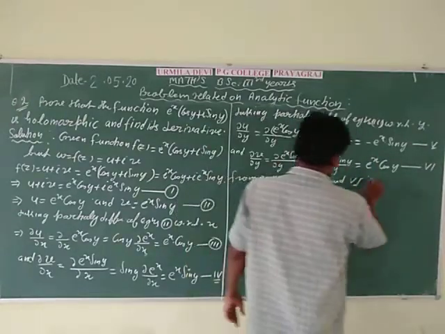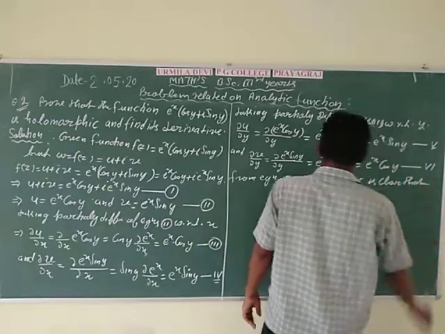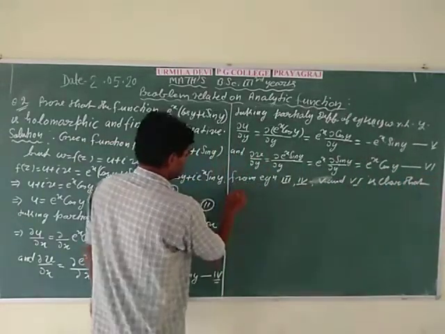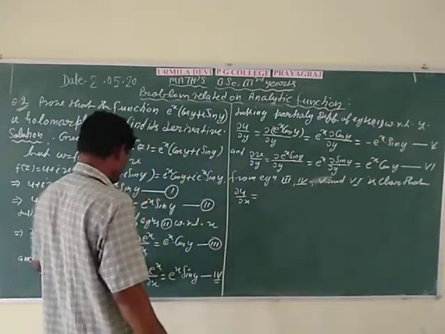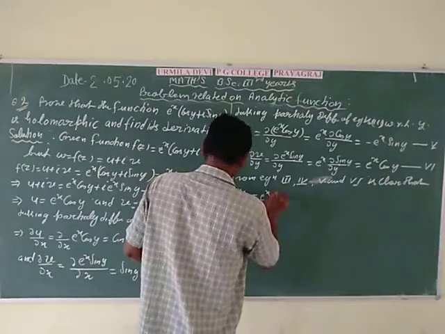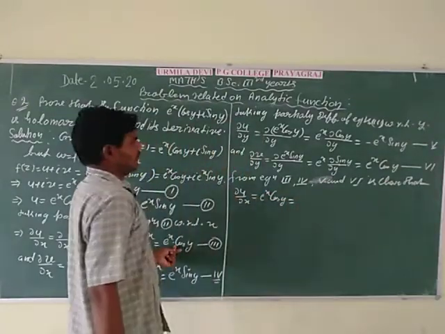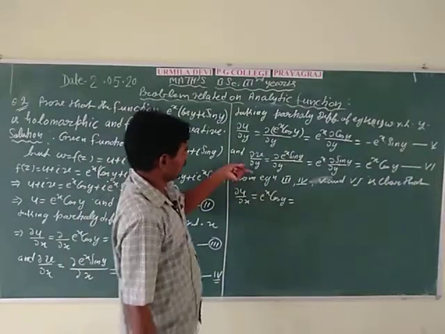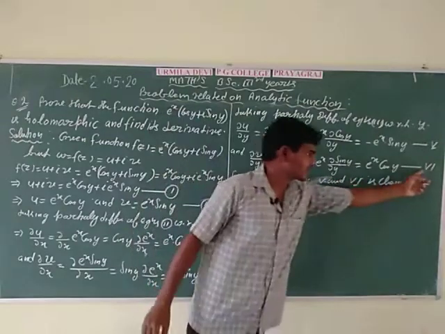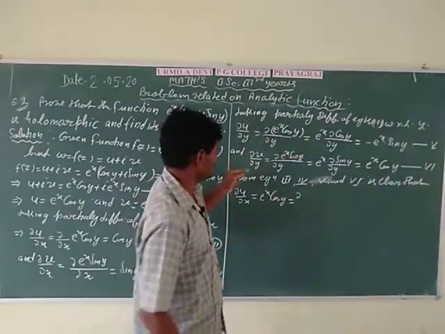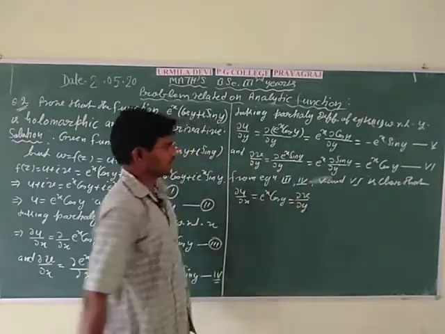From these it is clear that del u by del x is equal to e to power x cos y, which is equal to del v by del y, represented in equation 6, del v by del y is equal to e to power x cos y.